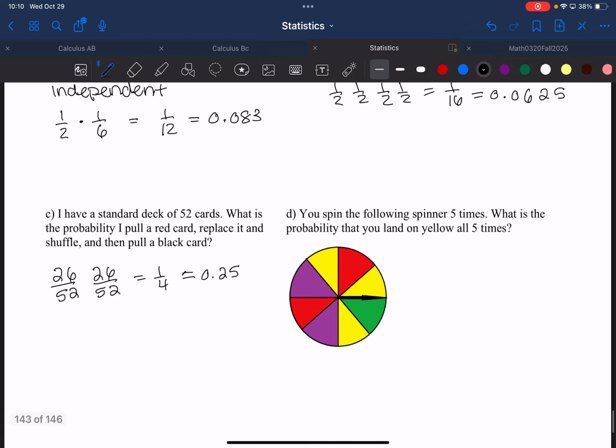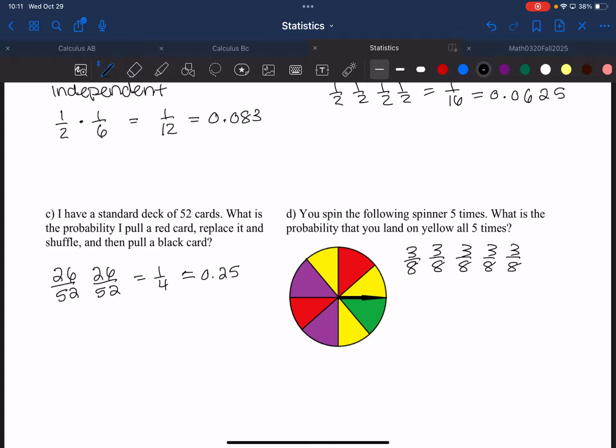Okay, D says you spin the following spinner 5 times. What is the probability that you land on yellow all 5 times? So, looking at my notes, how many yellows are there? 3. So that means this probability is going to be 3 out of 8. So we're going to write that how many times? 5 times.